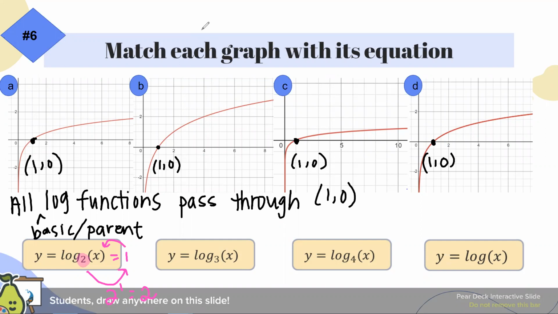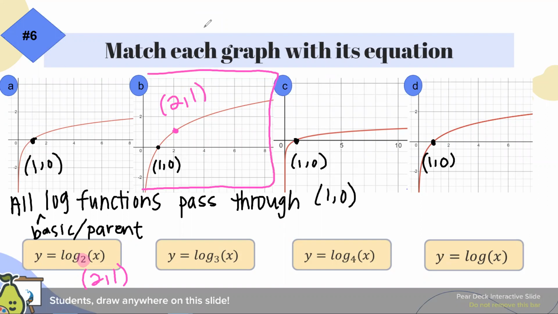So any log base 2 function is going to go through the point (2, 1). So I want to see if I can find (2, 1) in any of my graphs. And sure enough, graph B goes through the point (2, 1). So B is log base 2 of x.